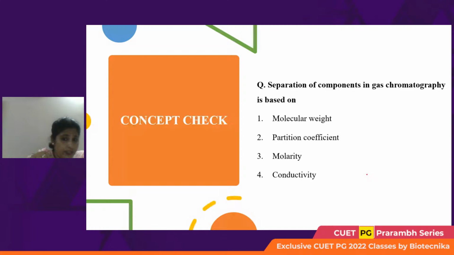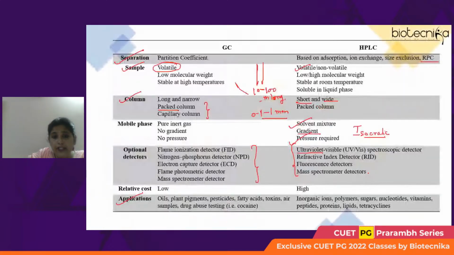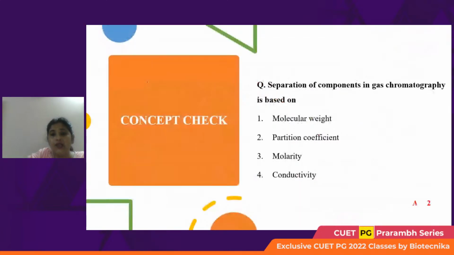Here I'm talking about gas chromatography. The very first thing I mentioned here is that in gas chromatography, separation is based on partition coefficient, right? So here the answer will be 2. Mondru, you are right. Kartika, you are also right. Avishka, you are also right. Very good. Keep it up.